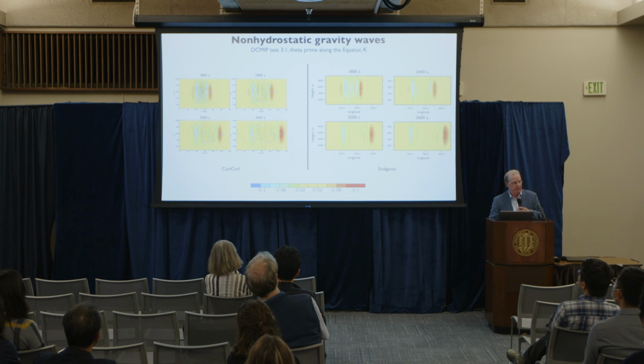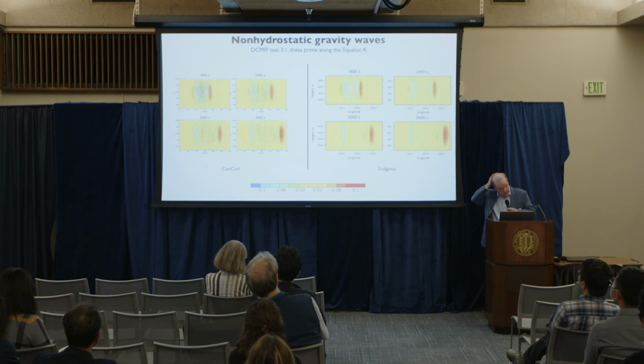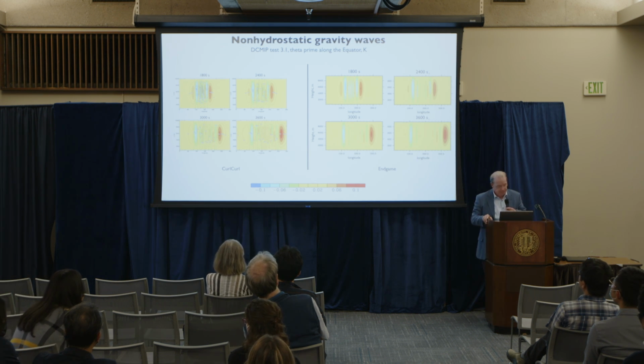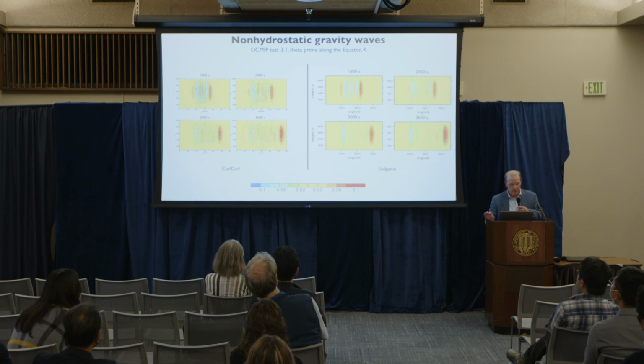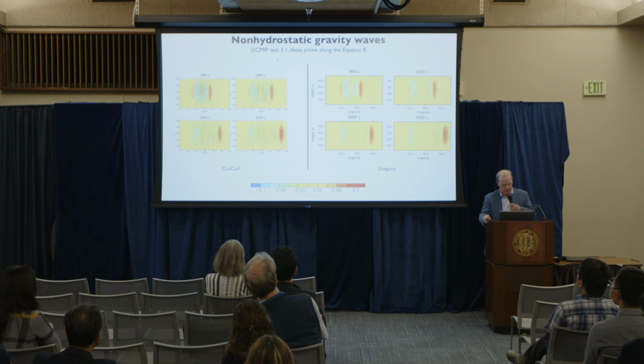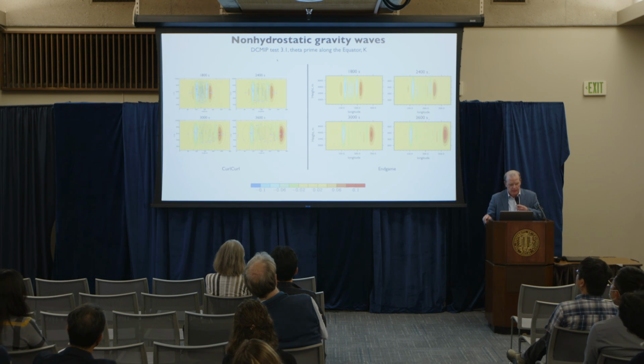And it works. So we built a global version of this thing using the unified system. And we tested it. I'll show you two slides with tests. Here it's a DCMIP test, an intercomparison of dynamical cores that was organized by Christiane Jablonowski and others. And in this particular case, you're simulating non-hydrostatic gravity waves.